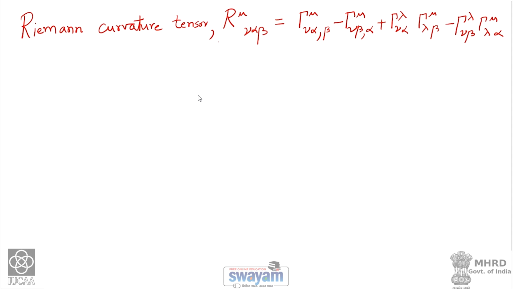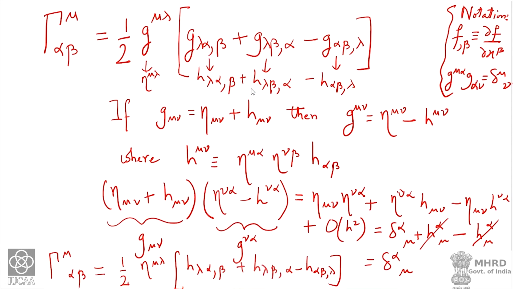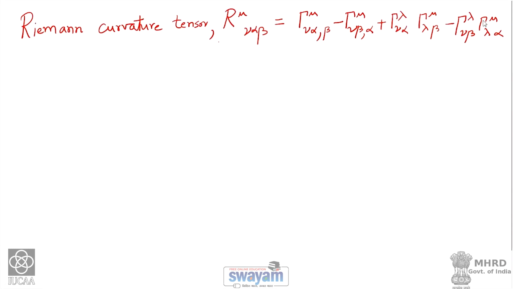Right. Now, look at the expression for the Riemann curvature tensor. Note that when we express the Christoffel symbol in terms of the metric perturbation h, we retained only linear orders in h, and therefore, when we look at the Riemann curvature tensor, there are quadratic terms in the Christoffel symbol, and when I include them, there will be only quadratic terms in the derivatives of the metric perturbation.